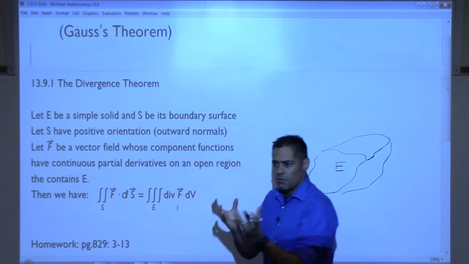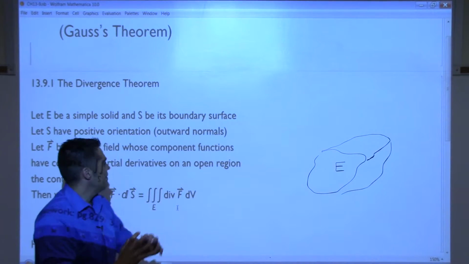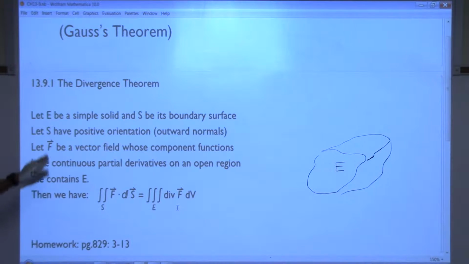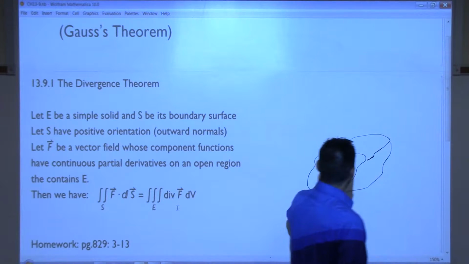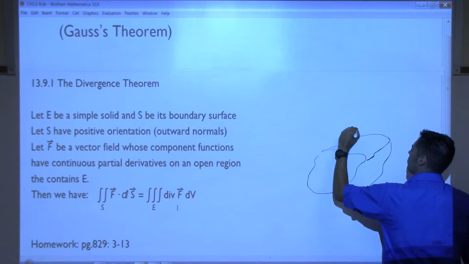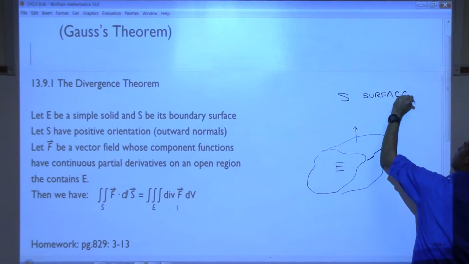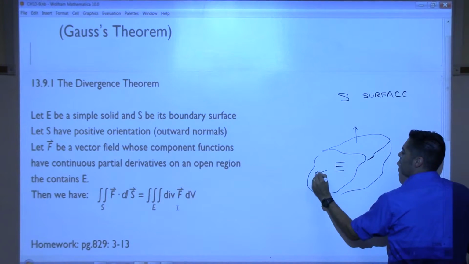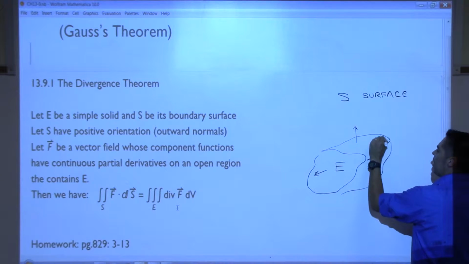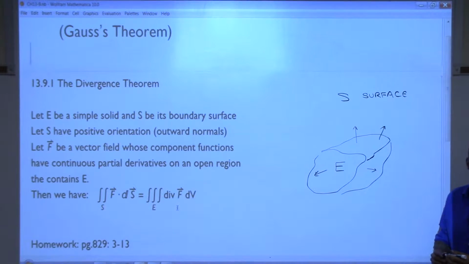So S encloses this entire solid. Let S have positive orientation, meaning the normal vectors on S, the surface, point out away from the solid.